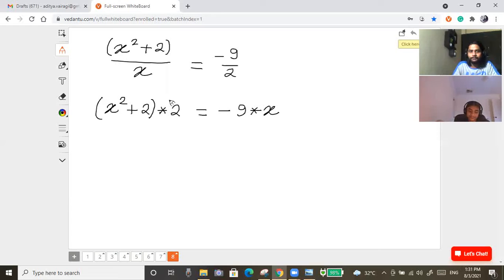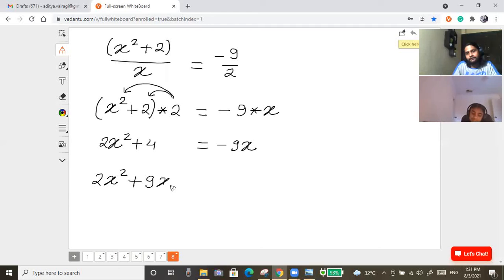Okay, now this 2 gets multiplied to each term using the distributive property. So it's 2x squared plus 4 equals negative 9x. We also bring 9x to this side, so 9x becomes positive: 2x squared plus 9x plus 4.